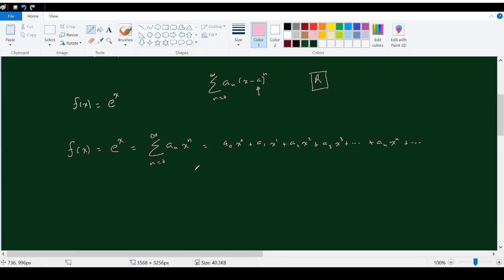If we know the coefficients, in other words, if we know this a_n sequence, then we can safely say that we know a power series expansion for the function e^x. So now our goal should be to find the values of a_n.